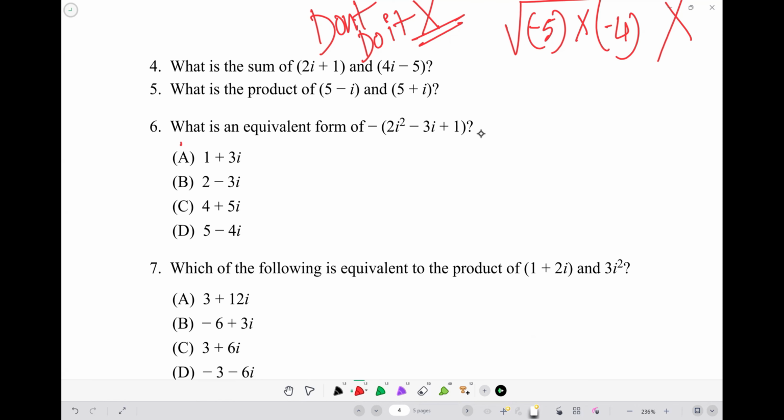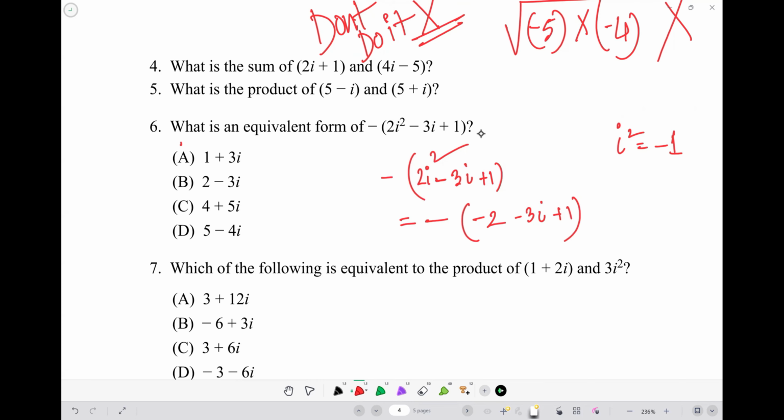-2i squared minus 3i plus 1. Now, what is the value of i squared? i squared equals -1. So -2 times -1 gives... minus 3i plus 1.